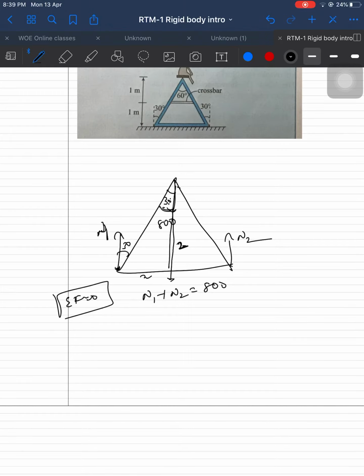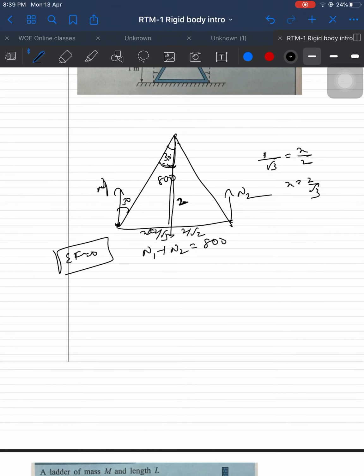Tan 30 is equal to 1 by root 3. I'm sorry, this is x by 2 and x is equal to 2 by root 3. And 2 by root 3 and 2 by root 3, total is 4 by root 3. And because of weight, 800 Newton, about normal here, I am drawing. And the distance is 2 by root 3.